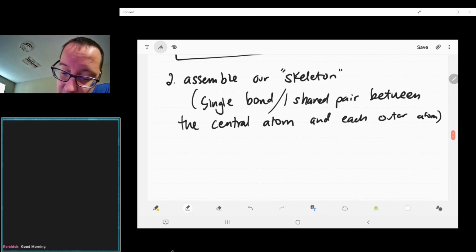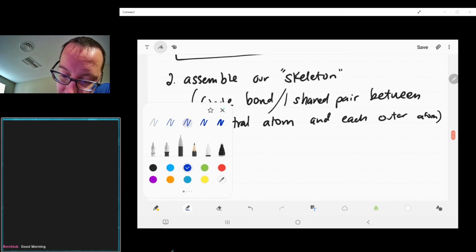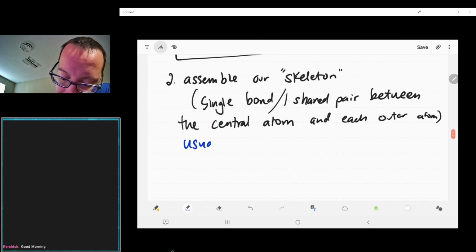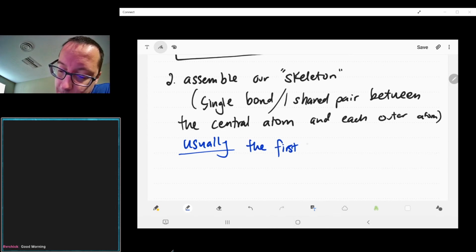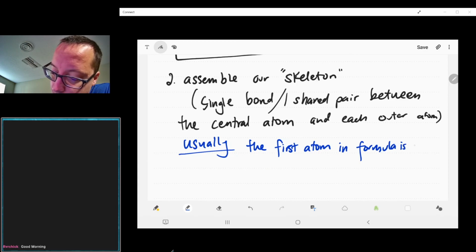Generally speaking, usually the first atom in the formula is the central atom. Usually.